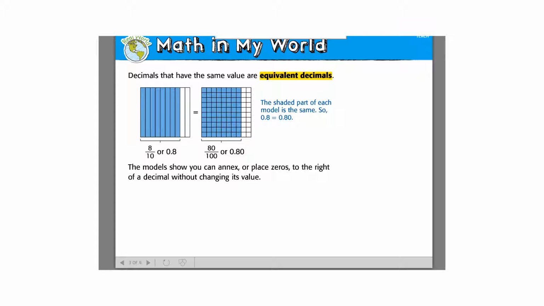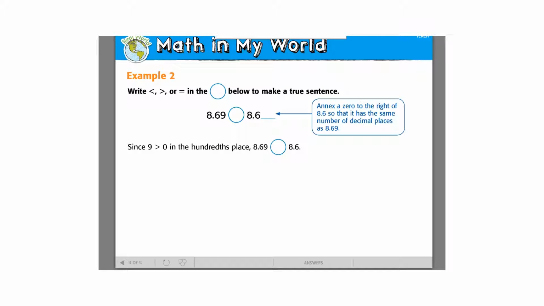If you look at example number 2, this is where they're trying to get you to annex the 0, because if I lined up my decimal points and I wrote in the numbers, I have this blank spot in the hundredths place. So I can annex a 0 into that blank space so that I can more easily compare the numbers.